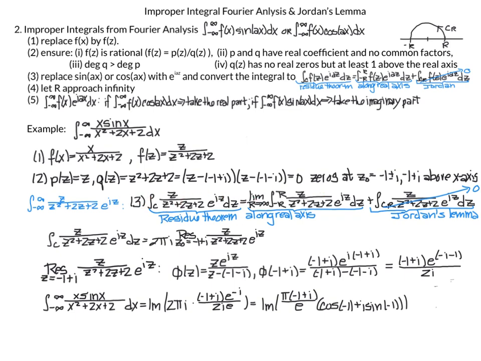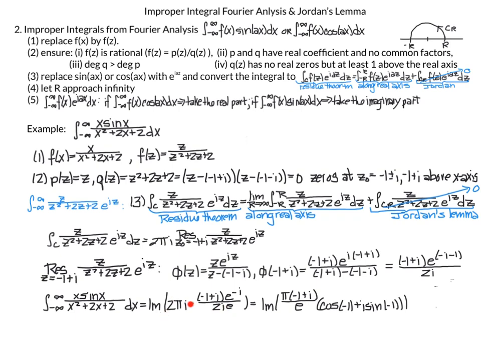It is equal to 2 pi I times my residue, which is negative 1 plus I times e to the minus I, and e to the minus 1, I just put in the denominator, times 2I.